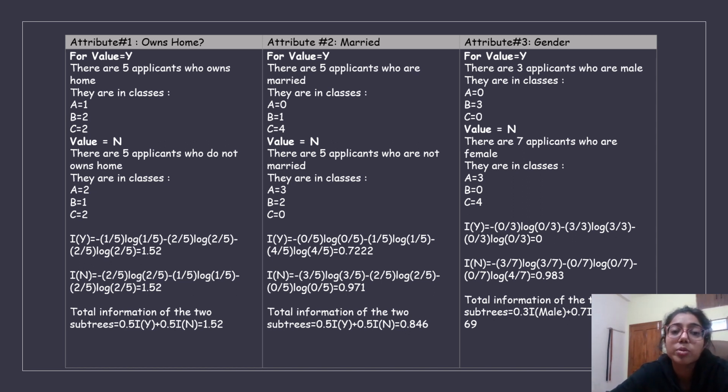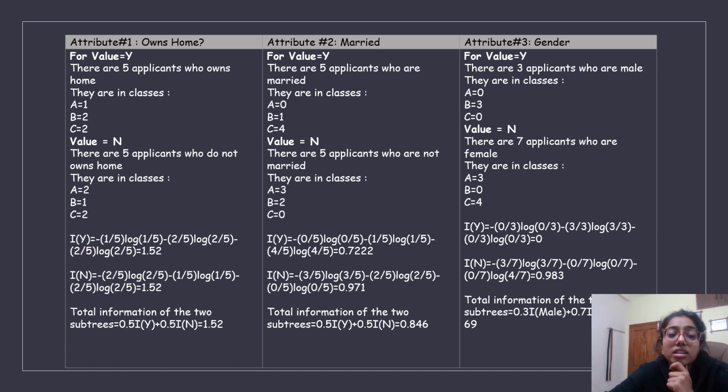So let's take attribute 1, owns home. We can see for value Y, there are 5 applicants who own home. They are A1, B2, and C2, and for value N, that is no, there are also 5 applicants, that is A2, B1, C2.